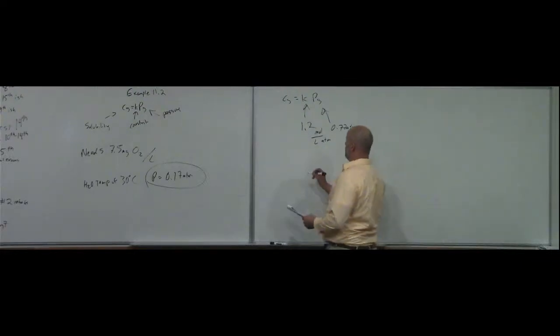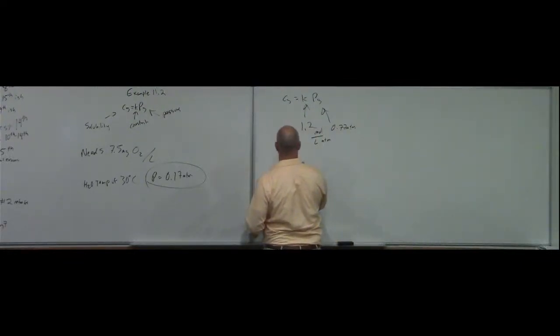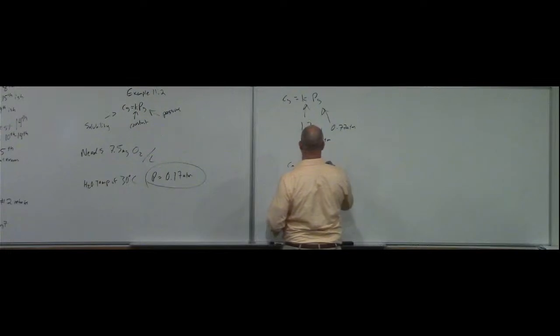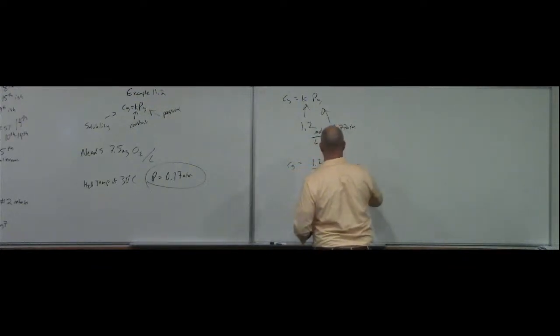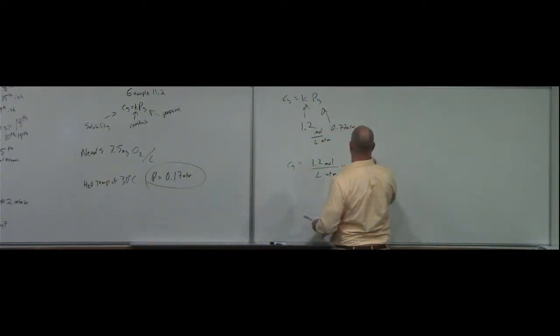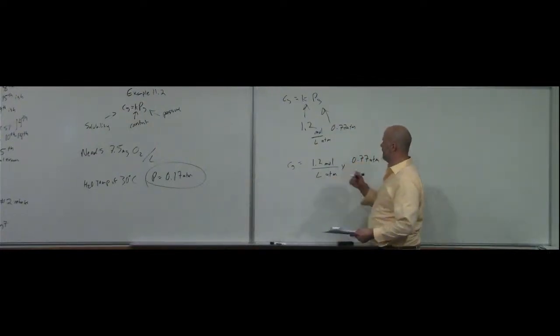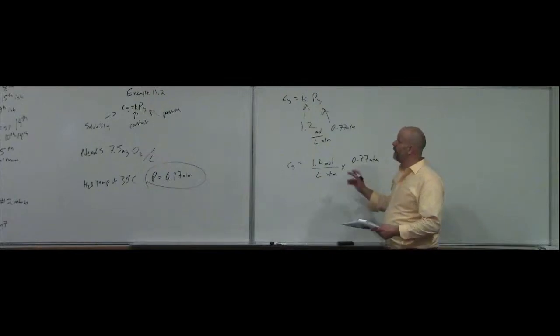Cg equals 1.2 moles per liter atmosphere times 0.77 atmospheres. That's going to cancel out, and that's going to leave me with moles per liter.